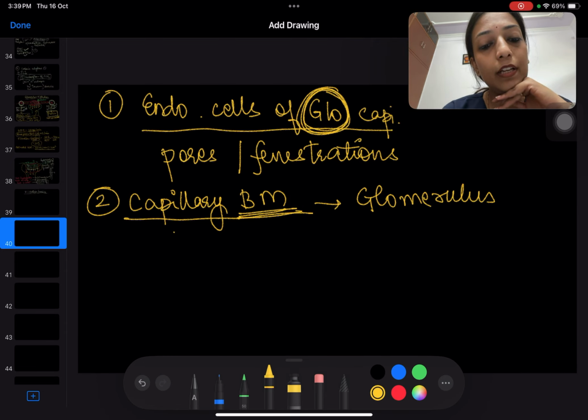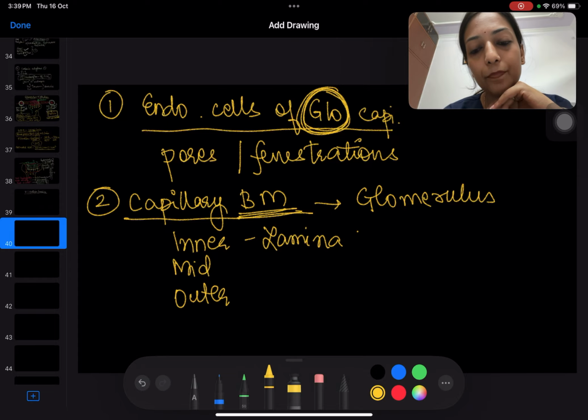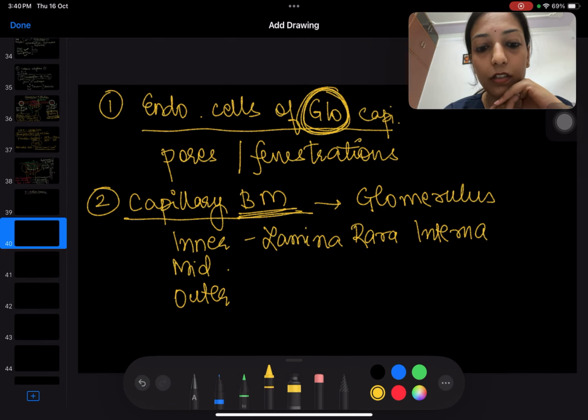There are three layers: the inner layer, the middle layer, and the outer layer. The inner layer is known as lamina rara interna. The middle layer is a thick layer and it is known as lamina densa.